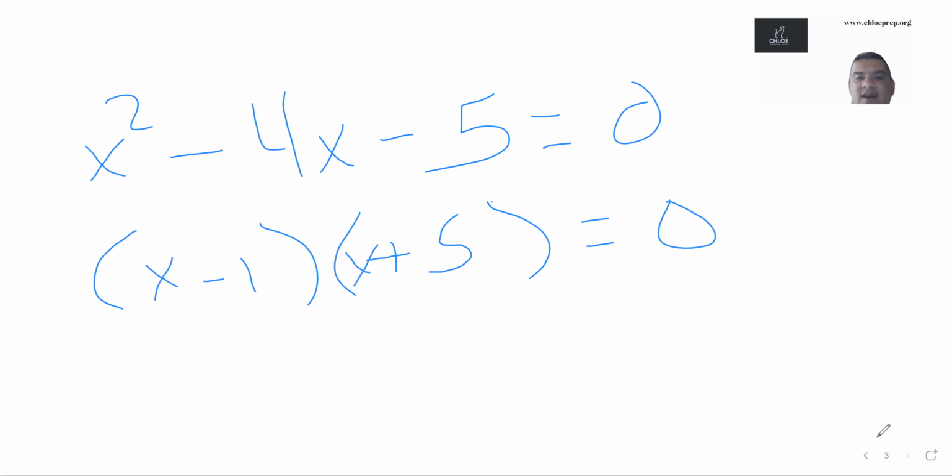So remember, we were doing the opposites. 1 minus 1 would make that 0. Over here, -5 would make it 0. So my answers are 1 and -5 because those are the two numbers that would make this 0 and would make this true. So x equals 1 and -5.